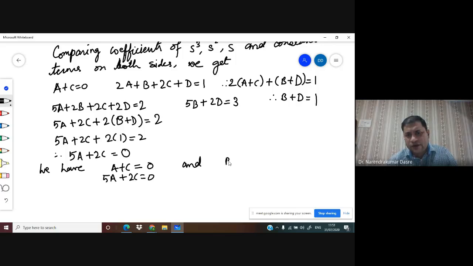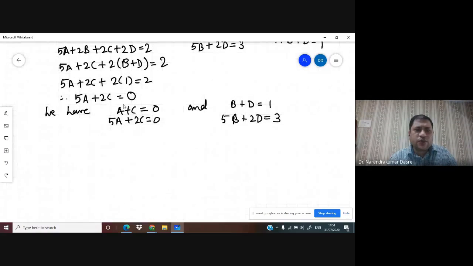And we get B plus D is equal to 1 and 5B plus 2D is equal to 3. Okay. So this way, this equation reduces to the smaller system of linear equations. This is a 2 by 2 system, this is a 2 by 2 system, which we can solve easily.